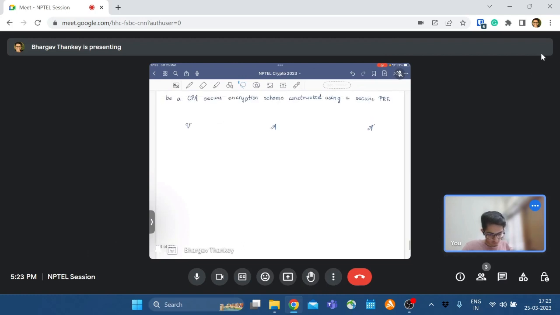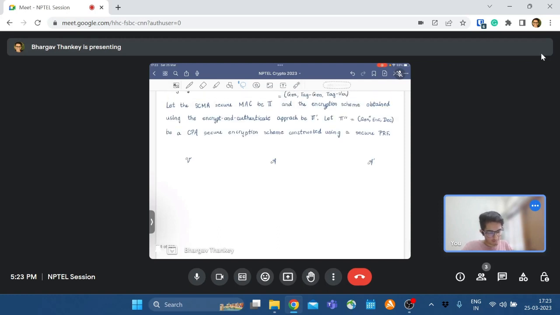Okay, so where were we? We have a CPA secure scheme and a secure MAC, and what we'll do is play two games. Over here, we'll play the ciphertext integrity game for scheme pi prime.